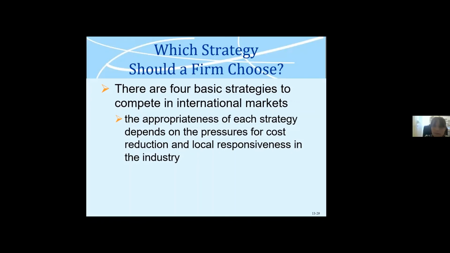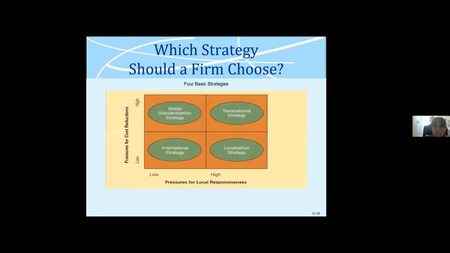So firms typically choose among four strategies when competing internationally, and these can be categorized as a global standardization strategy, a localization strategy, a transnational strategy, and an international strategy. The four strategies are represented in the main figure.